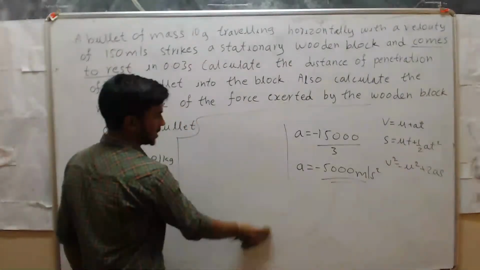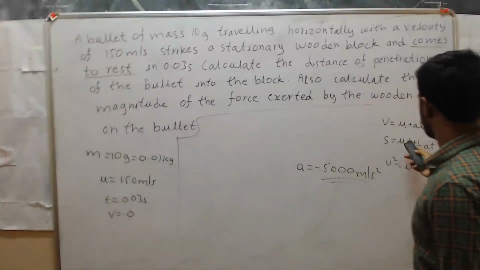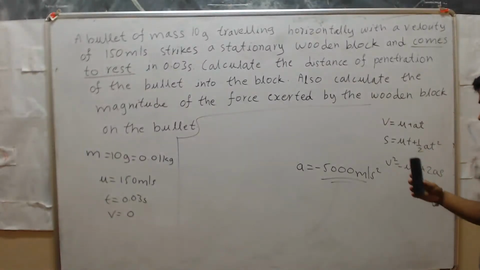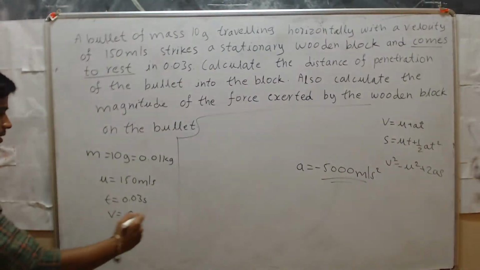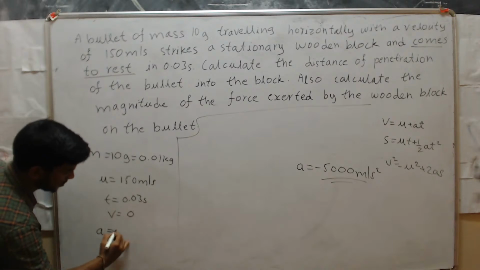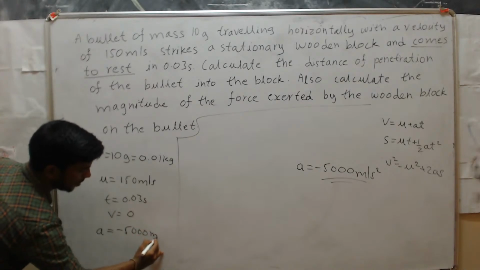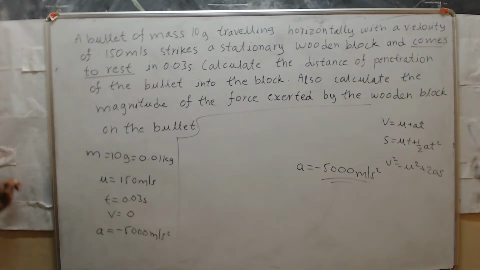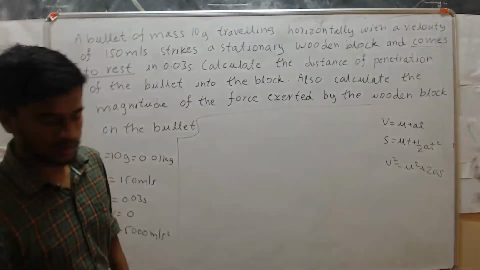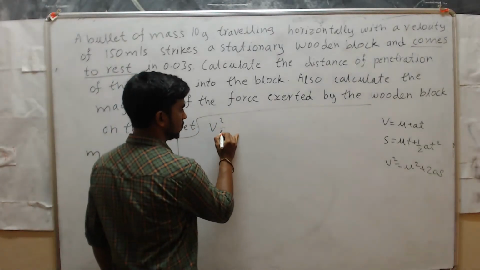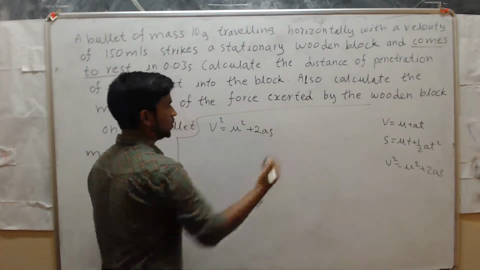Now calculate distance. Here we can use this one or this one also, but better we go with the third equation of motion. a is equal to minus 5000 meter per second square. v square is equal to u square plus 2as.